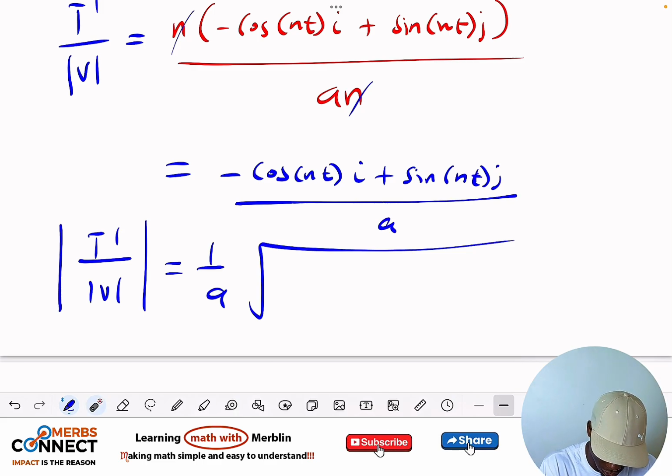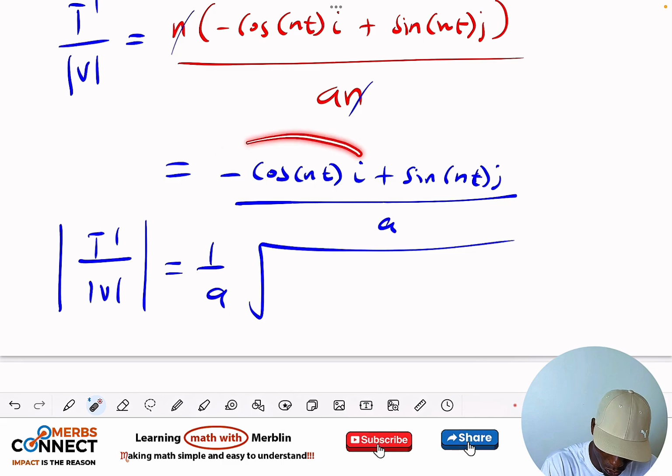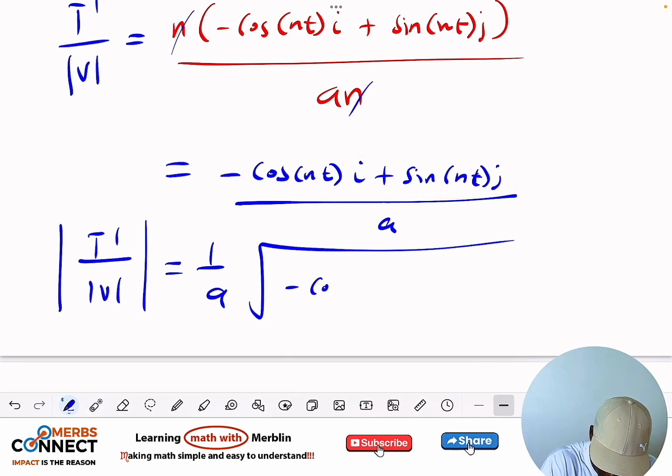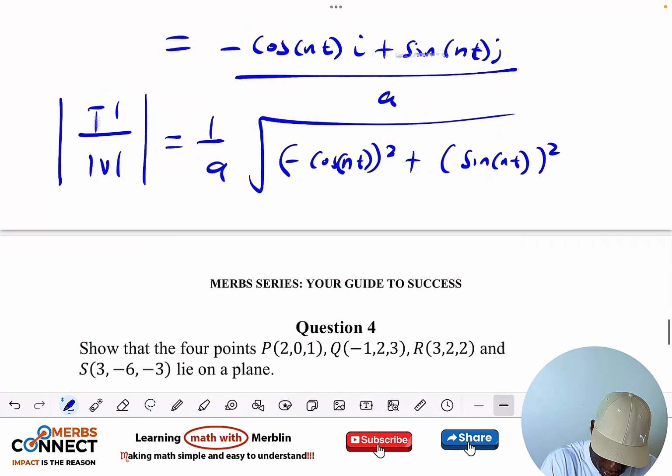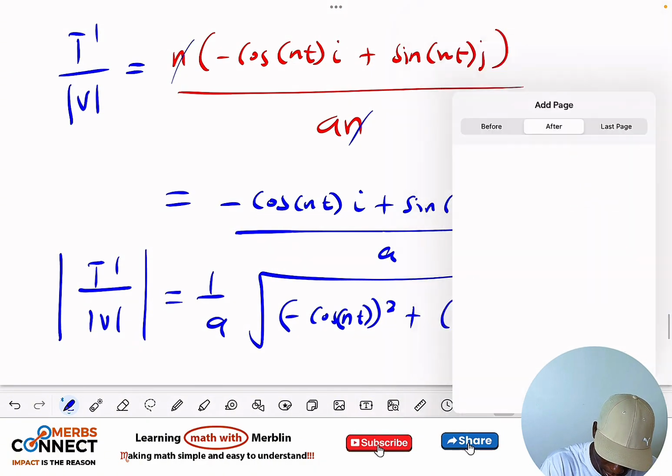It is just a constant. So this is going to be the square root of minus cos nt all squared plus sine nt all squared.